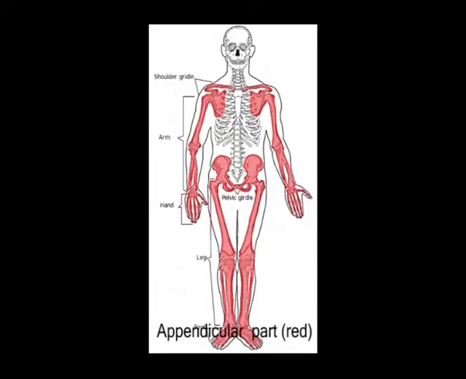Now let us come to the appendicular part. As I have told you, when we say appendicular skeleton, we mean the bones of our limbs, the forelimbs and hind limbs.